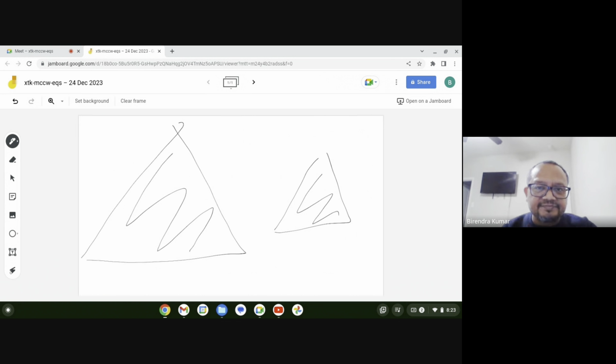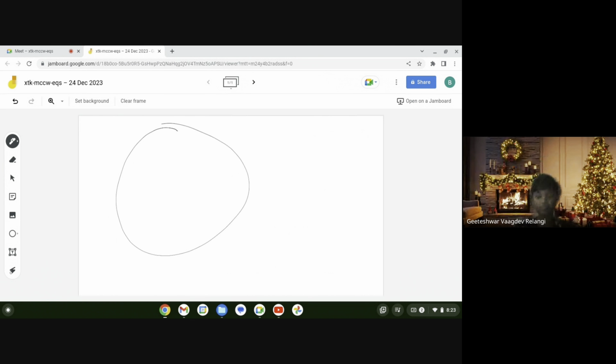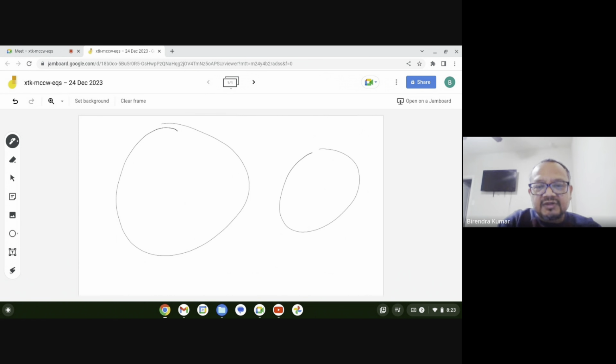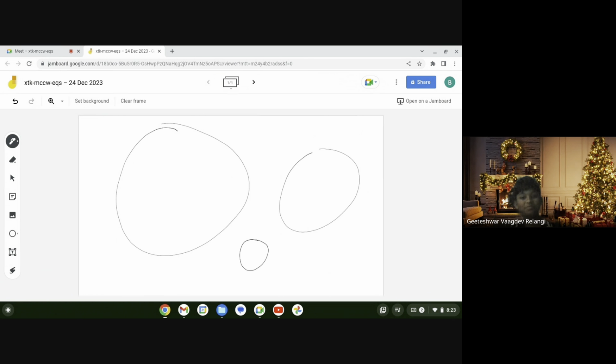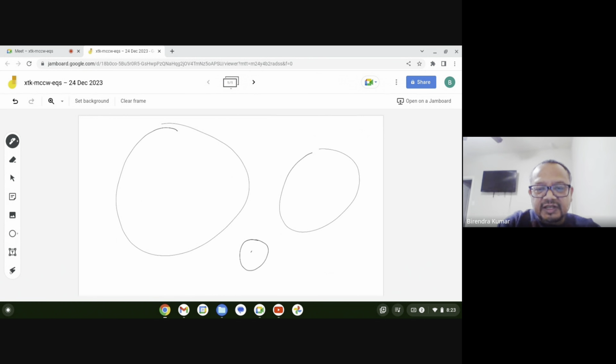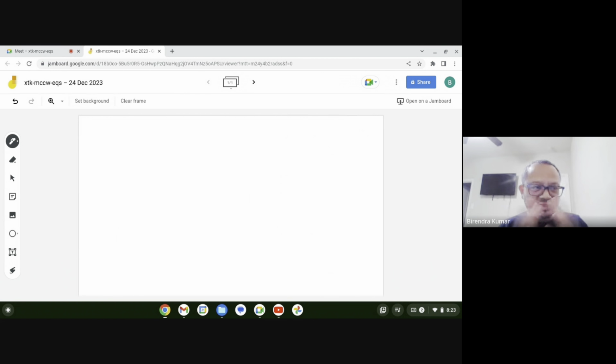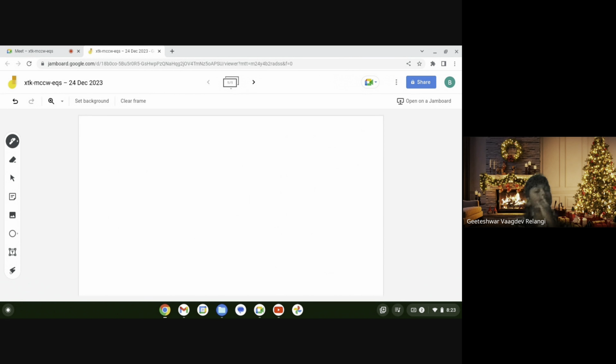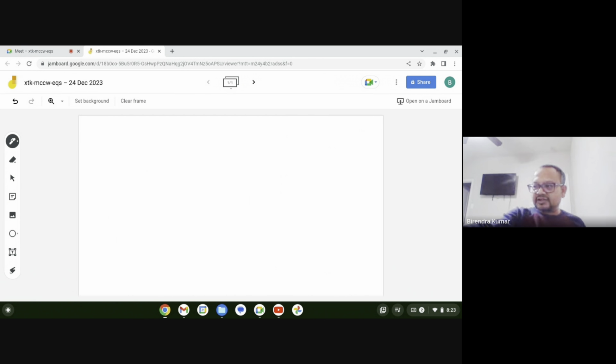Clear? Daddy circle, baby circle, smaller brother circle, taking less space, little more space, even more space. This is area. Clear?